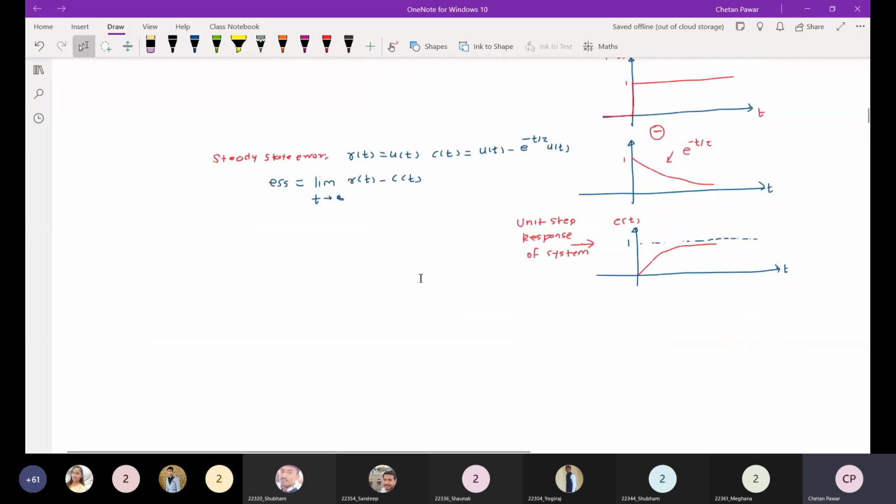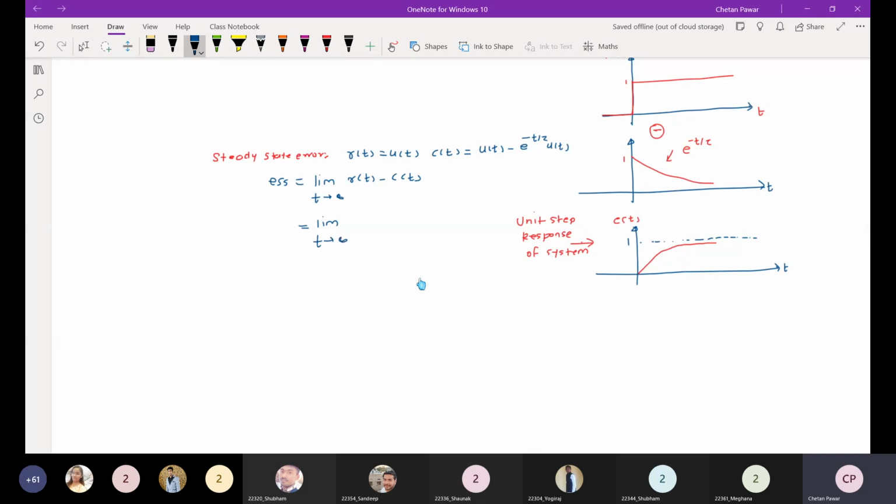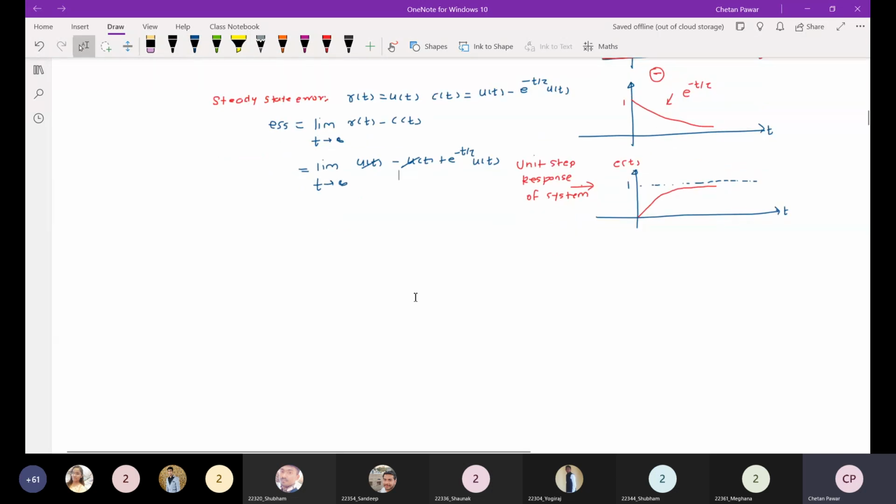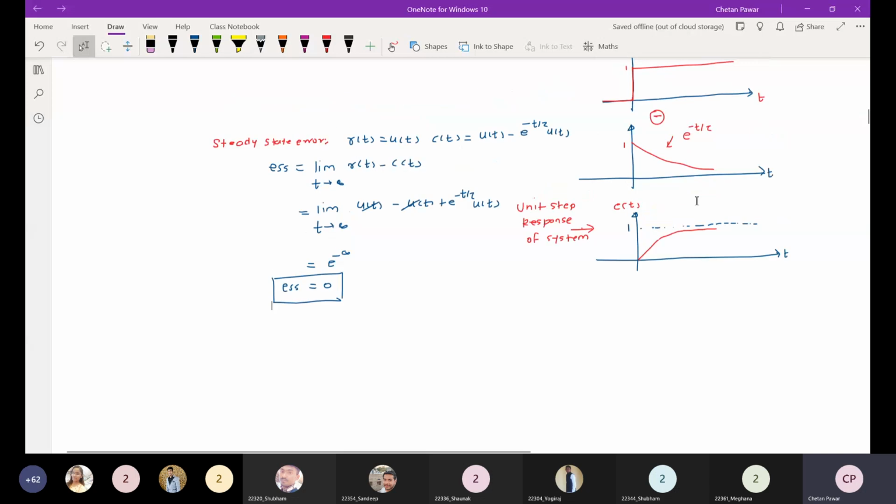If I take the limit as t tends to infinity, u of t minus u of t plus e raised to minus t by tau u of t, the u of t will get cancelled. When I put t equal to infinity, we get e raised to minus infinity. So what is the steady state error here? 0.